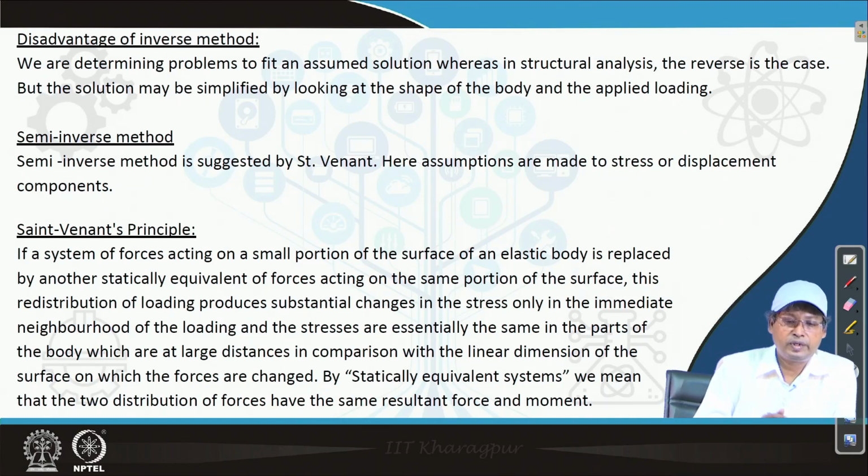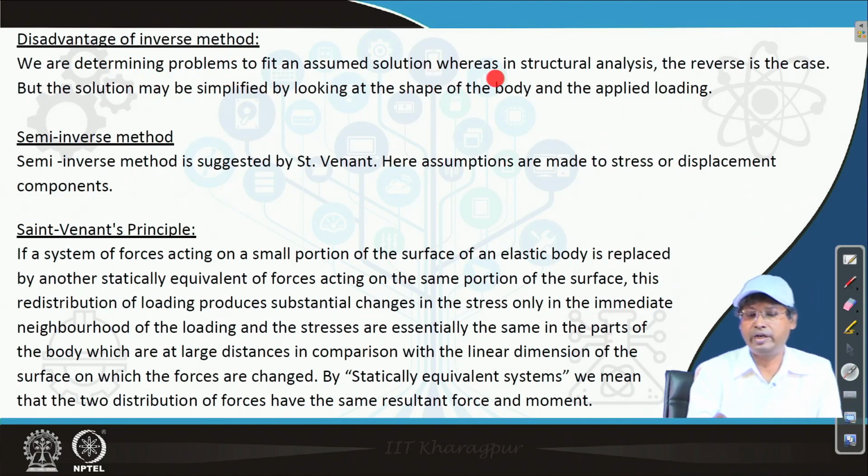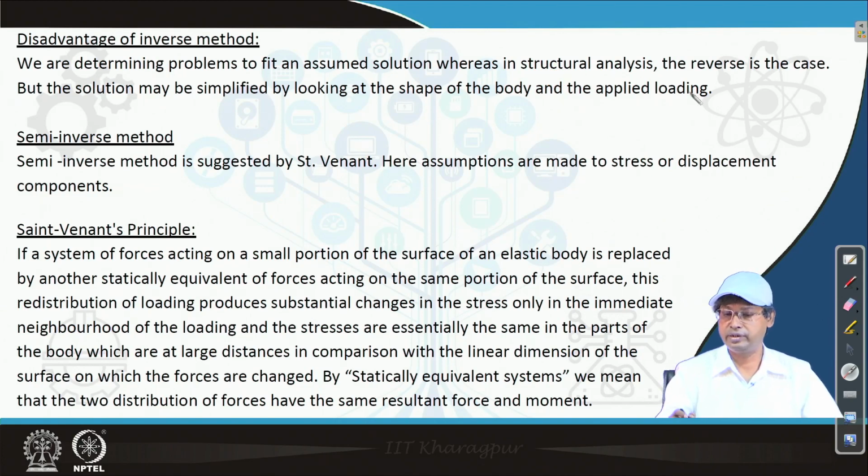The disadvantage of the inverse method is that we are determining problems to fit an assumed solution, whereas in structural analysis the reverse is the case. That is quite obvious, but the solution may be simplified by looking at the shape of the boundary and the applied loading.